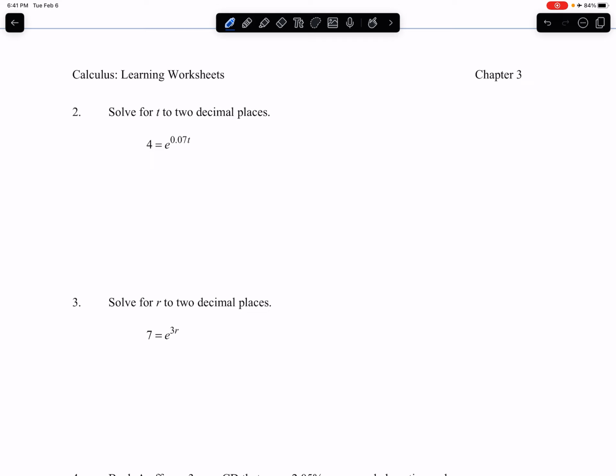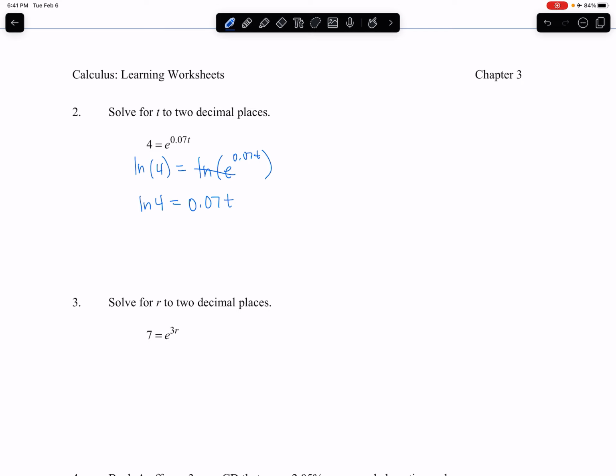I'll take the natural log of both sides: ln 4 and ln of e^(0.07t). The natural log and e are inverses, so those cancel. We're left with ln 4 = 0.07 t.